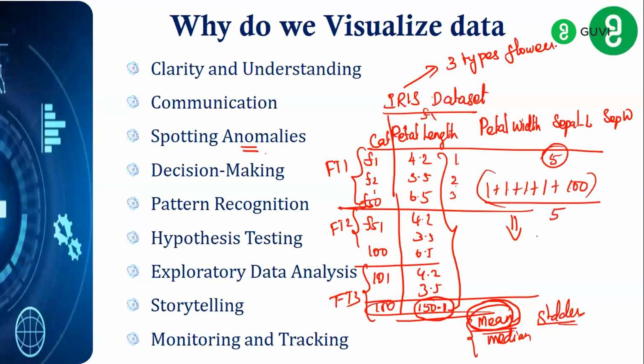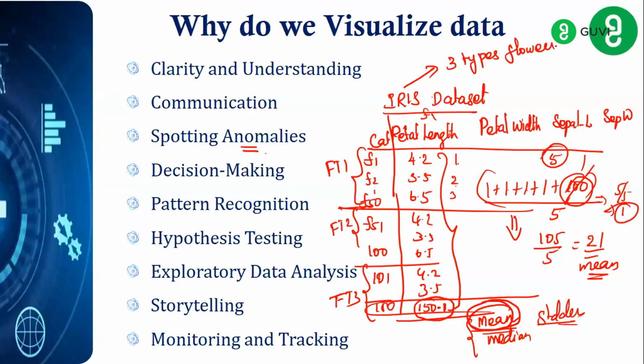Divided by 5, so 105 divided by 5, your mean would be 21 here. But this 100 is an outlier, this is an anomaly, right? By mistake, instead of 1 it was typed as 100, a typo error. What would your actual mean be? 5 by 5, you would get only 1.